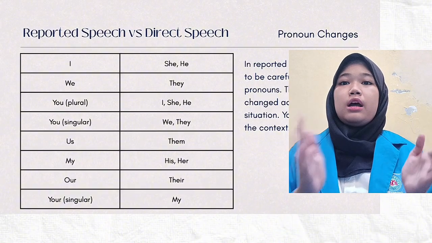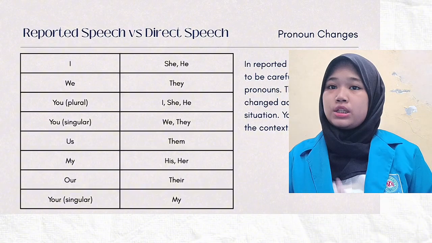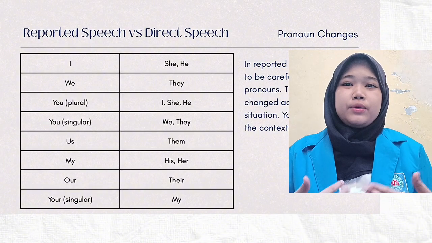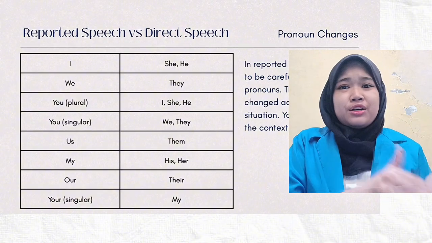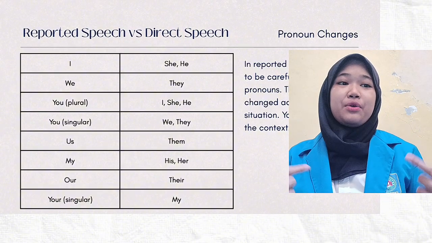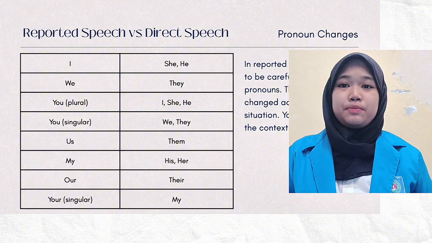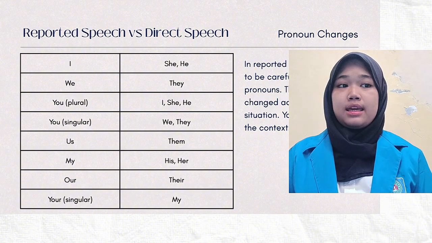So, if in direct speech we say I, we change it in reported speech to he or she, according to who speaks, whether it is a girl or a boy. And if we say we in direct speech, then in reported speech we say they.